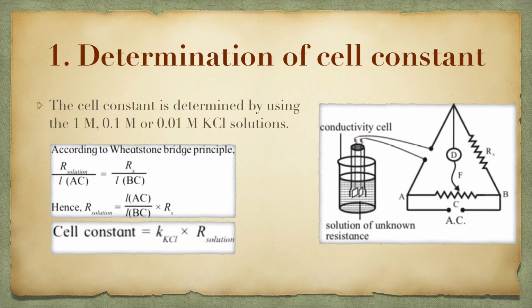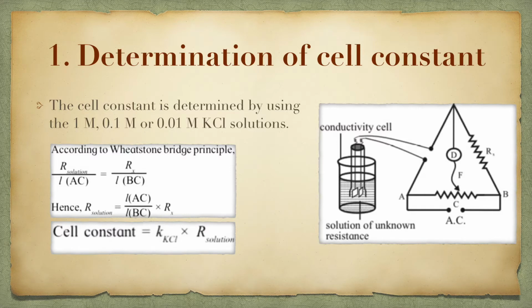Now according to the Wheatstone bridge, it is very simple. We know that R solution upon length of AC is equal to Rx upon length of BC. From this I will get R solution, the resistance of the given solution. So R solution equals length of AC upon length of BC into Rx, which is given.